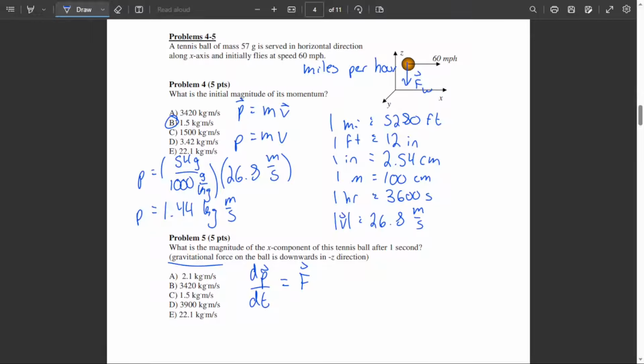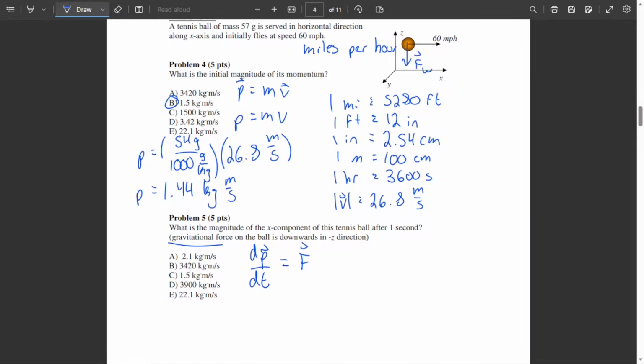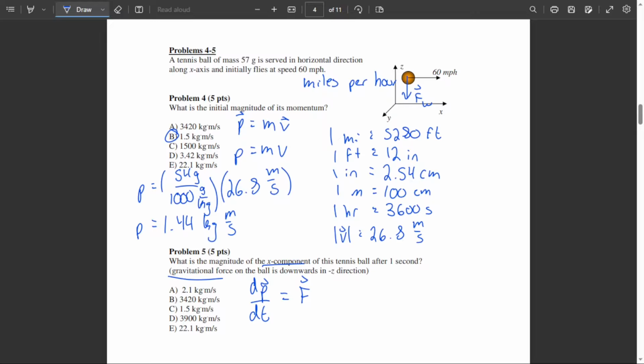However, if you think about it, it's asking us for the x component, and the force is in the z direction. So if the force is in the z direction, but we only care about the x component of the momentum, well, the x component of the momentum isn't going to be changed by this weight force. It's going to remain completely constant.